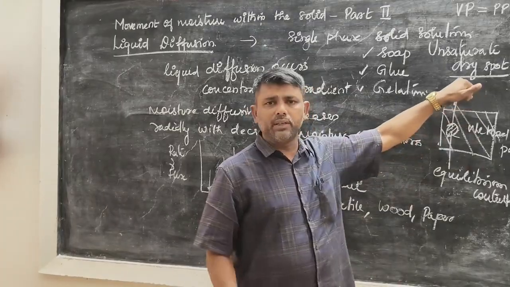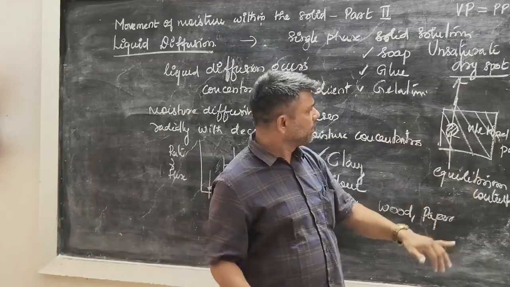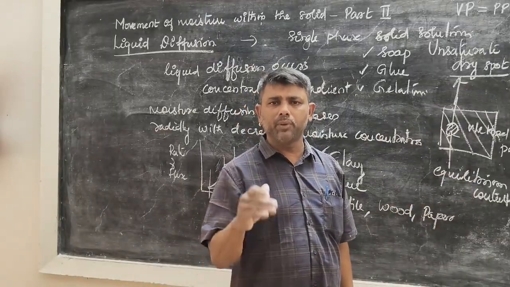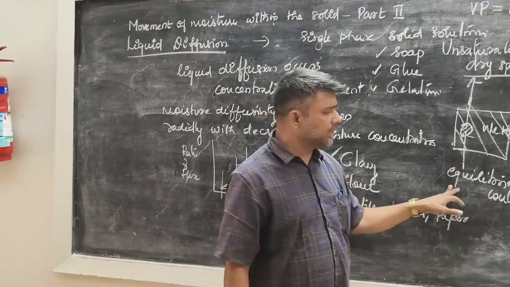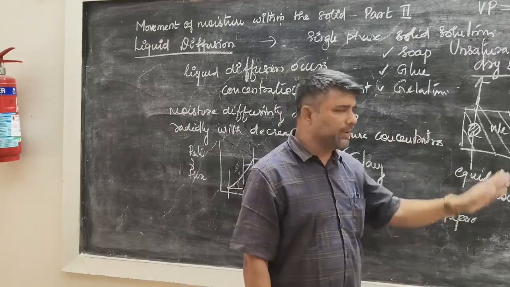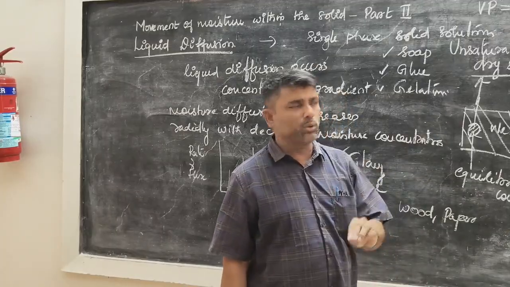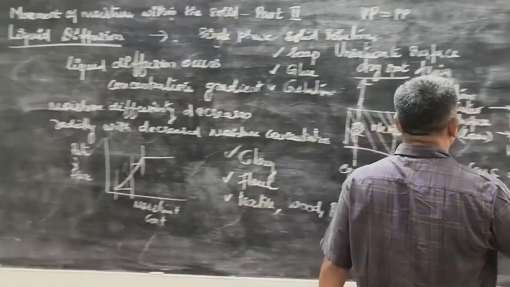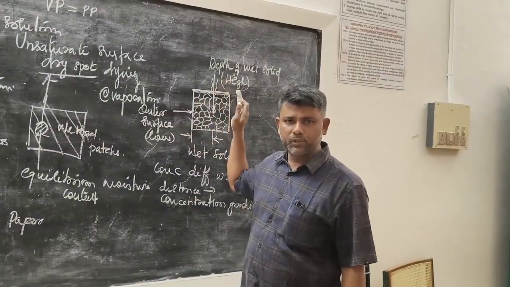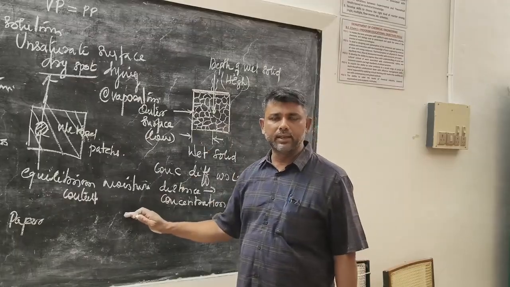This dry spot eventually dries to the equilibrium moisture content of the prevailing gas. Equilibrium moisture content is when the vapor pressure of liquid water present in the bed solid is exactly equal to the partial pressure of the moisture present in the atmospheric air.